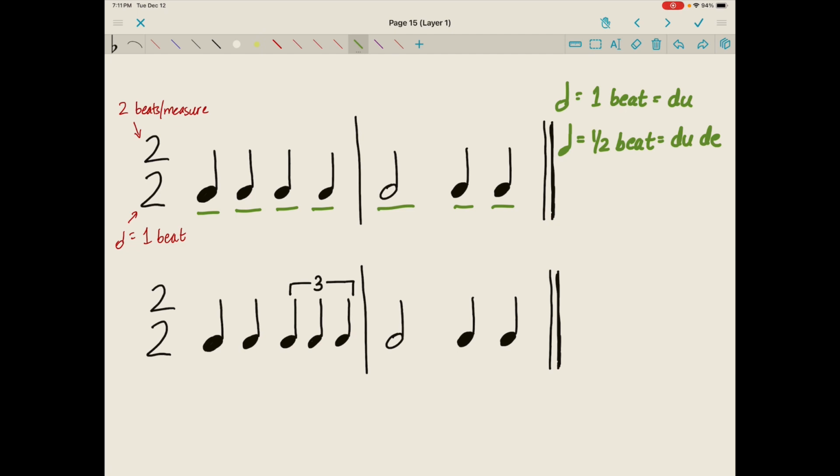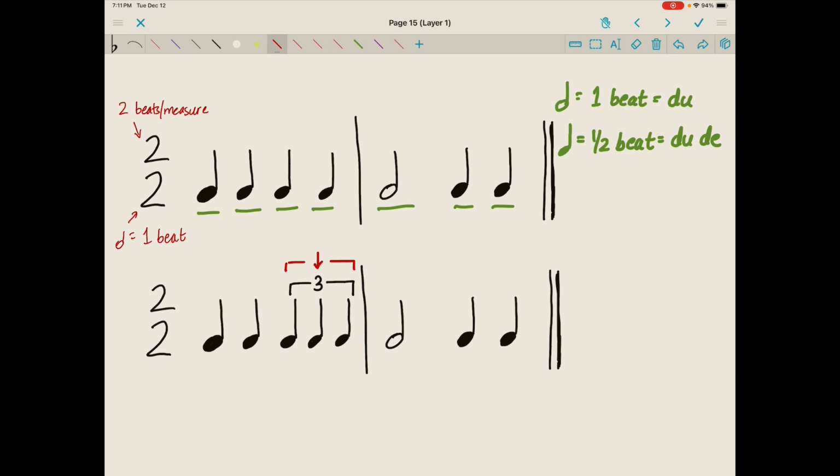Looking at the example below, we see that one of those do days has been changed into a triplet quarter note figure. We know that because there is this little 3 and a bracket grouping those 3 quarter notes together. We need that bracket with quarter note triplets because they're not naturally beamed together.